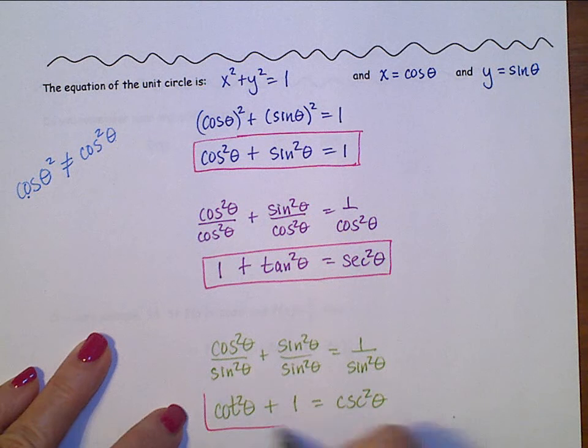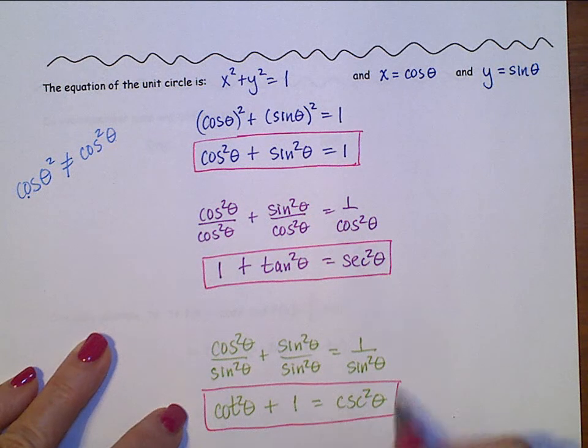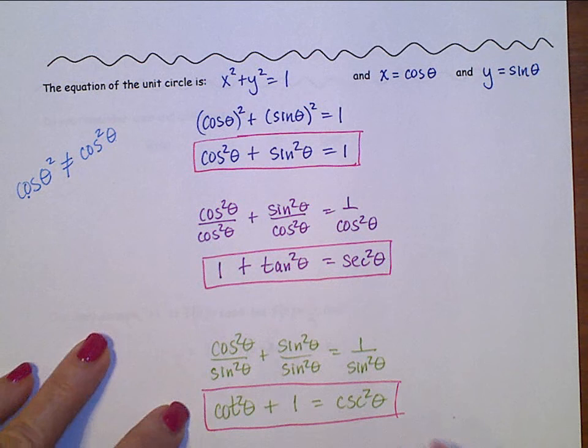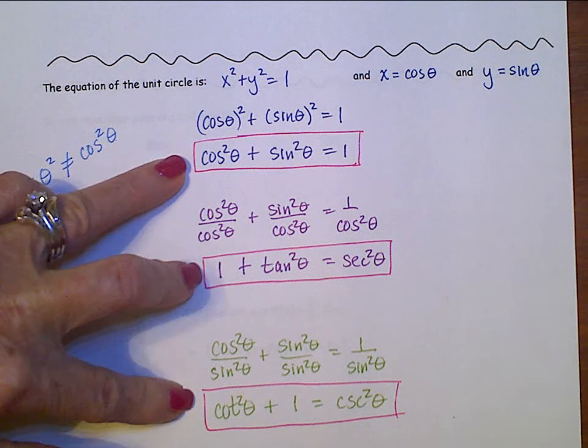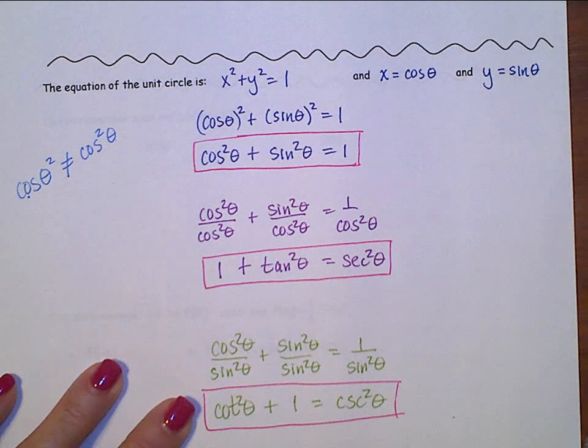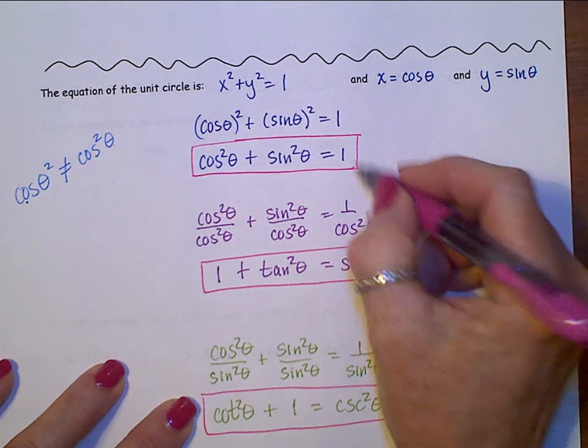Another variation. These three variations are collectively called the Pythagorean identities.